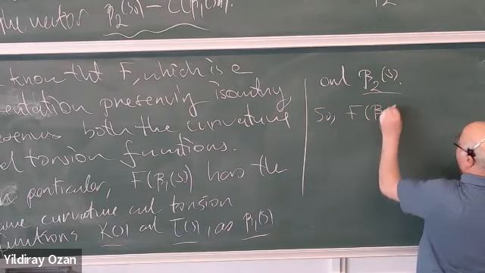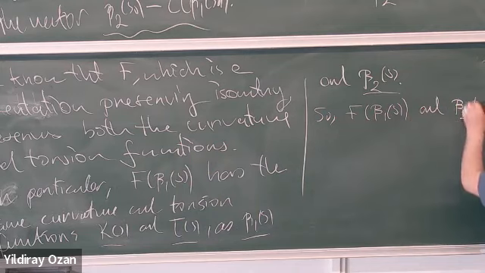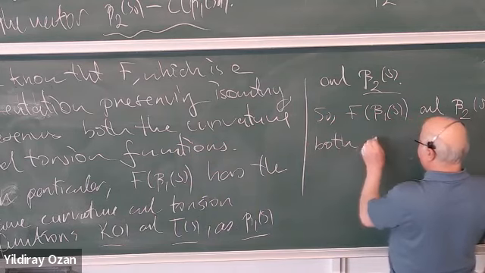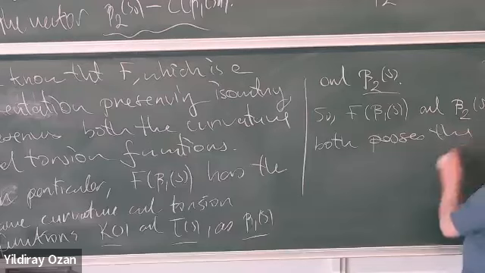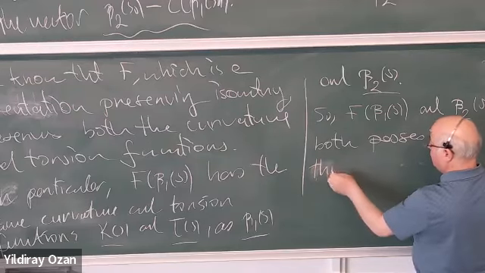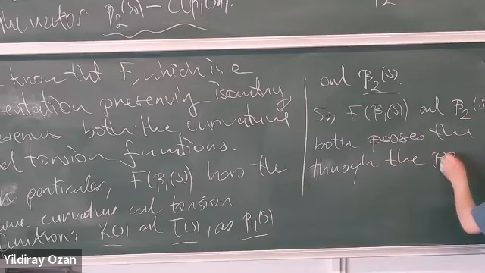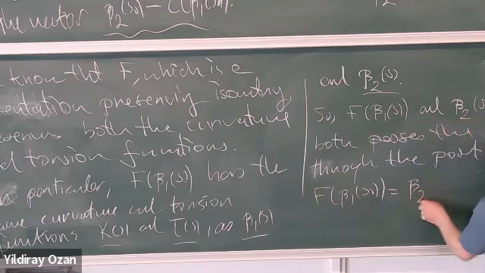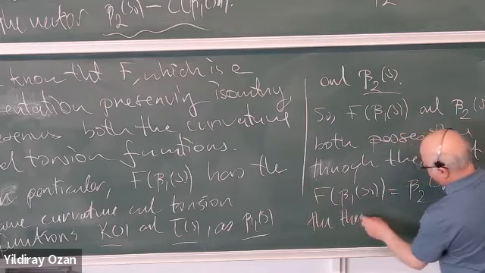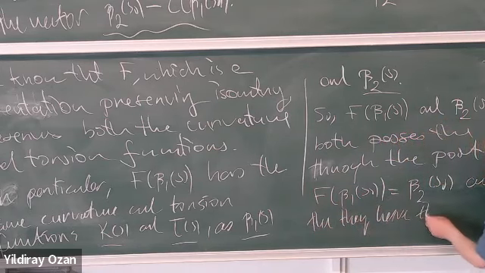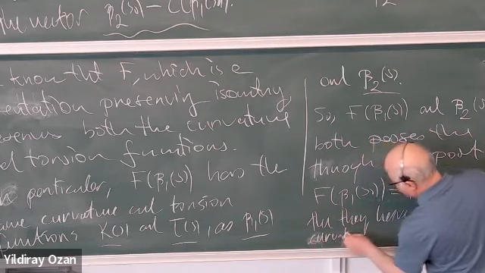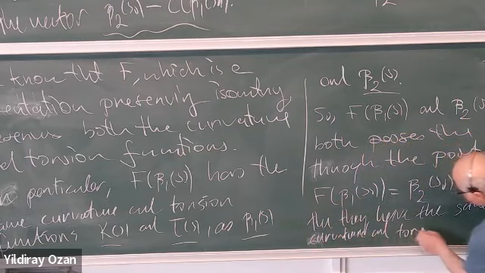F of beta 1 S and beta 2 S both pass through the point beta 1 S, which is beta 2 S, and they have the same curvature and torsion functions.